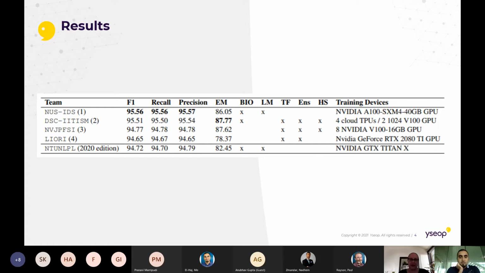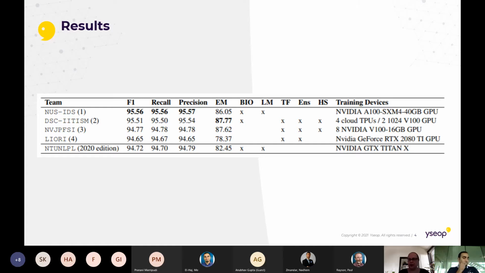One thing that actually bothers us is that each year we ask the participants to share their training device so that we have an idea of the computational power they trained their system with. And this year we noticed that the size of the training devices tends to increase. At this point we wonder if the systems really improve the results, or is it due to the size of the training device? Fiona, who is going to give our talk just after, and who won the task this year, did something very interesting.